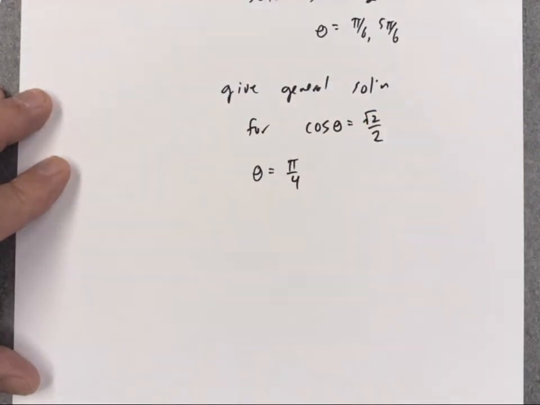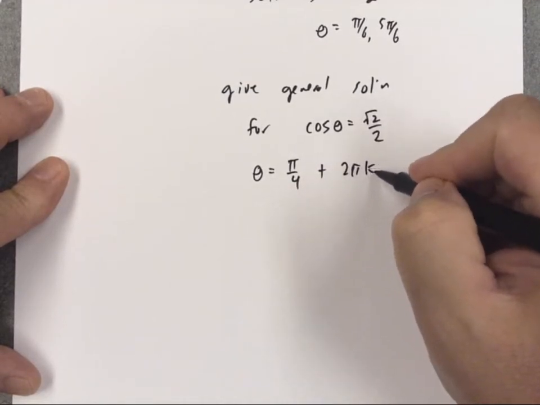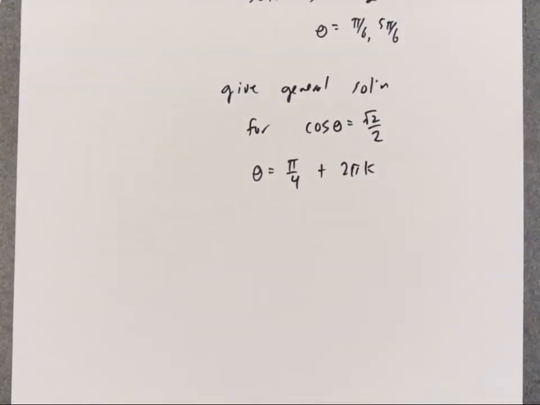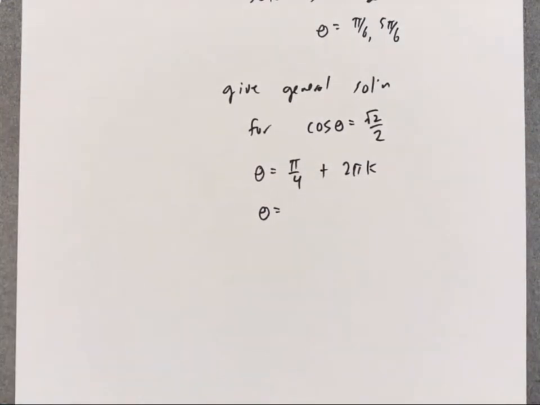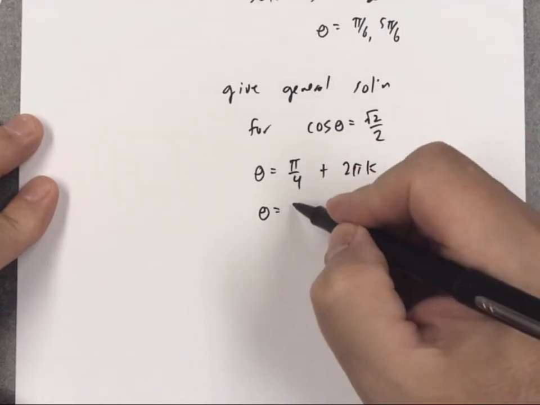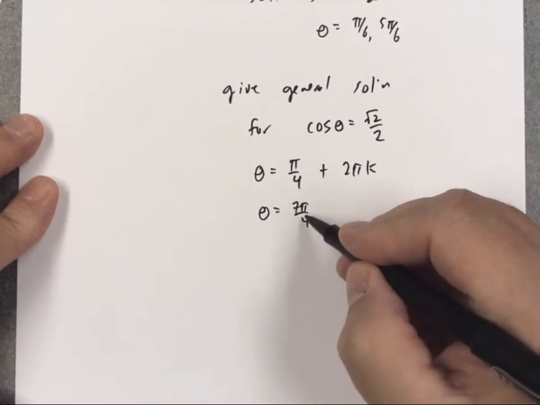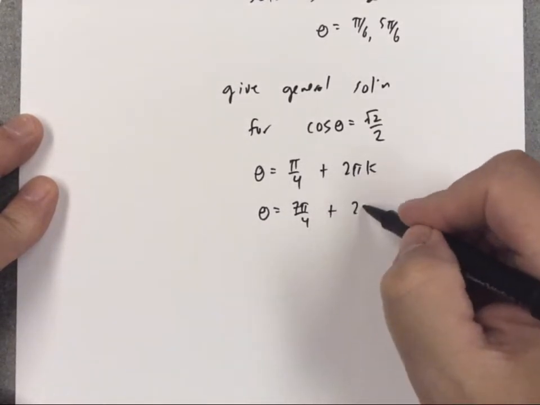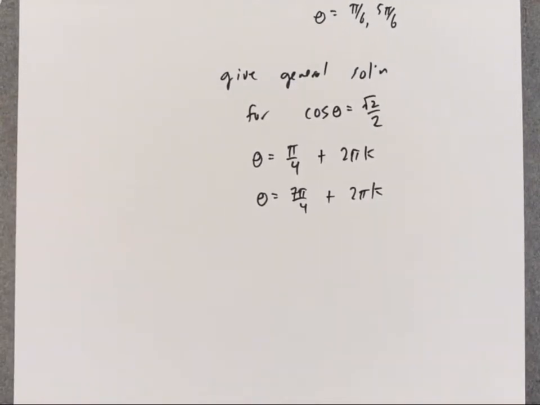Now, as soon as I get a solution like that, I just go ahead and right away add on the 2 pi k. And then I think, well, are there any more angles on the unit circle where the cosine is square root of 2 over 2? And I say, yeah, down in that fourth quadrant, the 7 pi over 4, the cosine of 7 pi over 4 is square root of 2 over 2, and then I just tack on the plus 2 pi k.